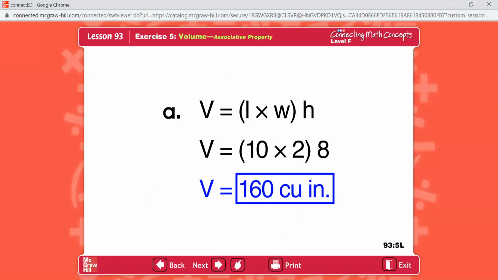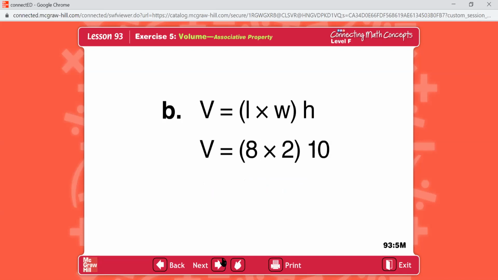There is your answer. Next up, problem B. Prism B. Pause the video now to work it. Here's how you set it up. Solve now.